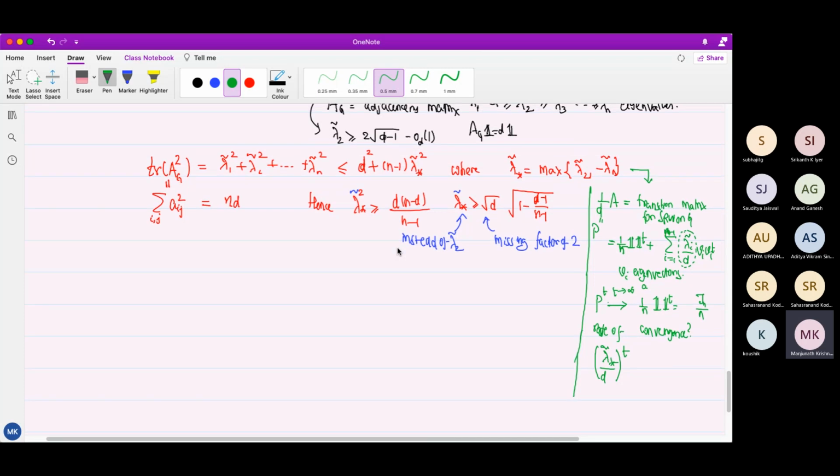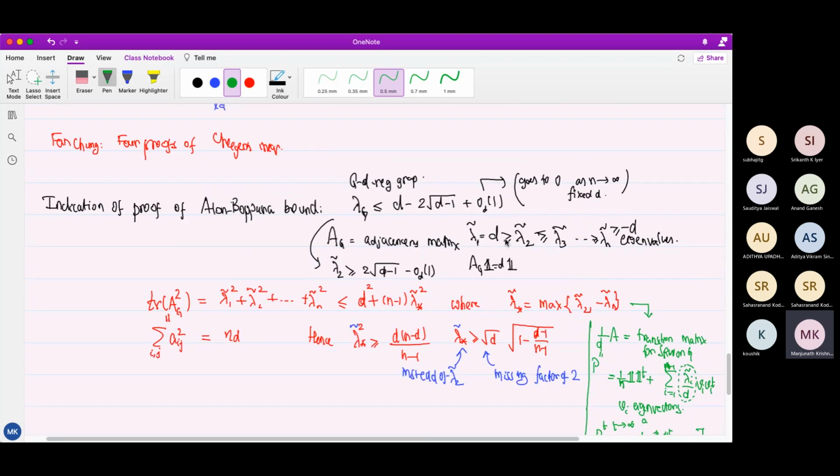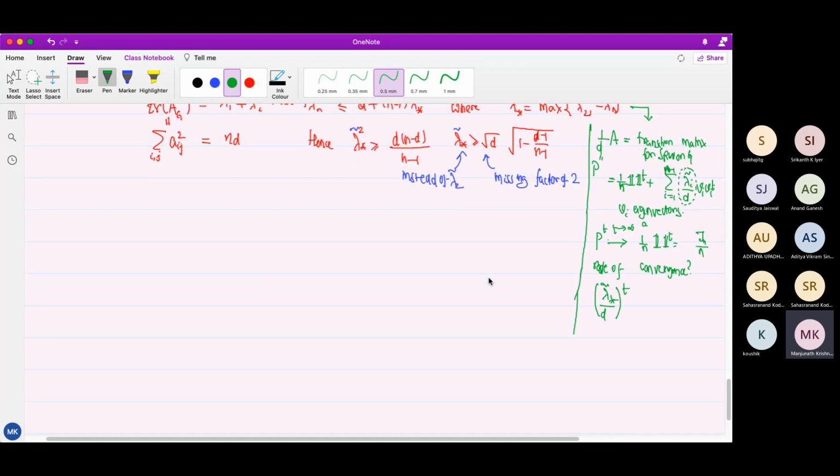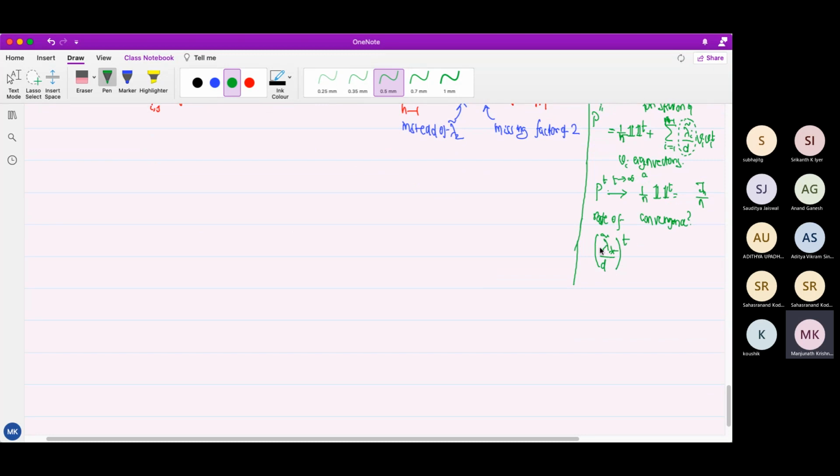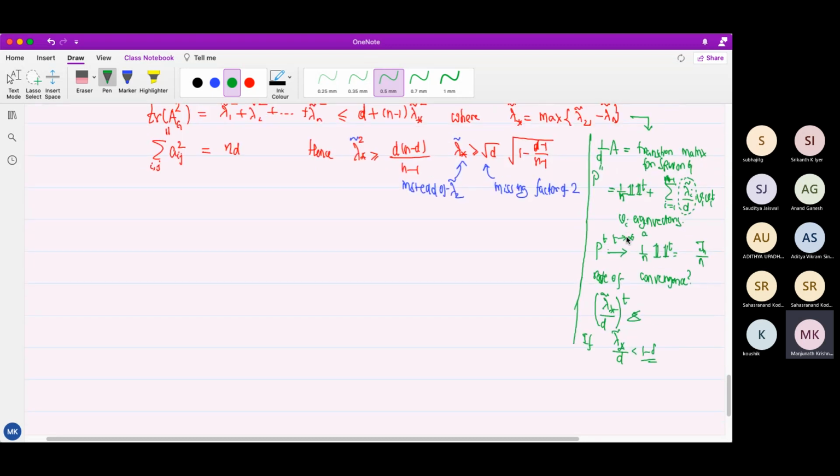And what is the meaning of expander? Instead of just saying lambda 2 tilde is bounded away from d, one way of saying expander is that the second eigenvalue is bounded away from the first. But suppose lambda star tilde itself is bounded away from d. If lambda tilde star over d is less than 1 minus delta uniformly over all n, then you get a uniform rate of convergence of the random walks to equilibrium.